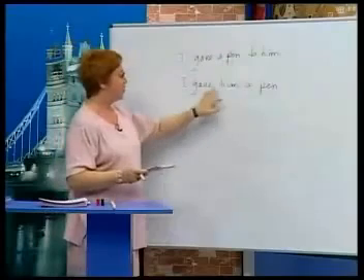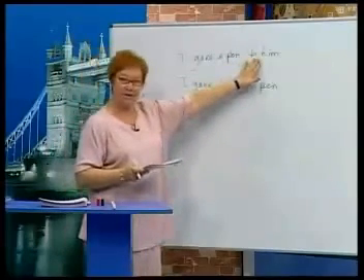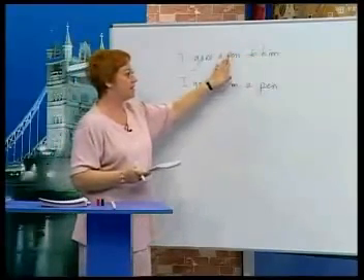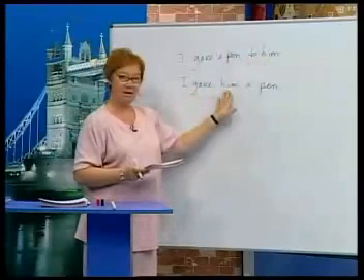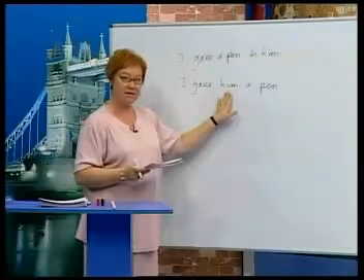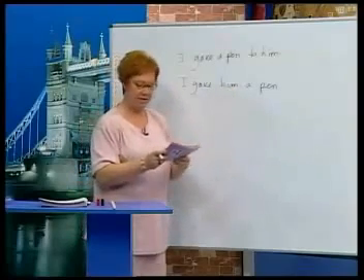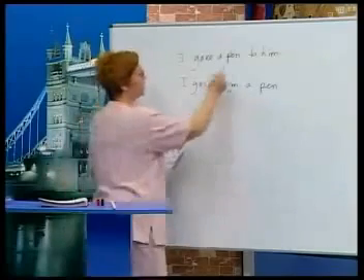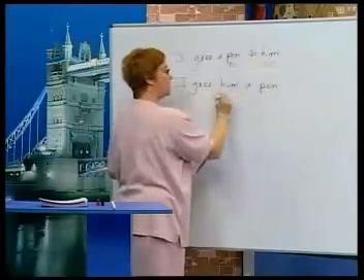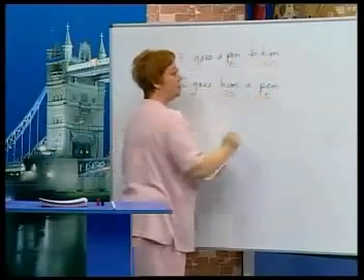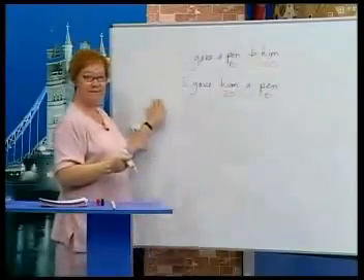Now, there's no to here. Here there is, because we have direct object, indirect object. When we put it here, it's still the indirect object, but there's no to, no for. Okay? So they're the same.